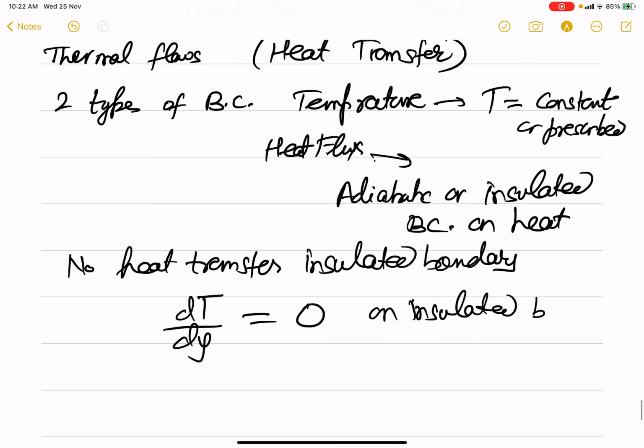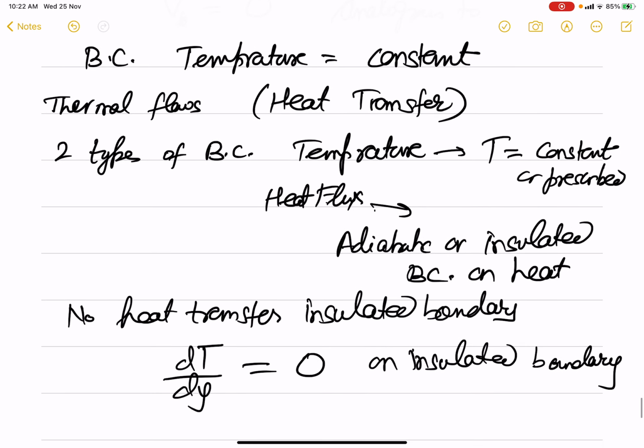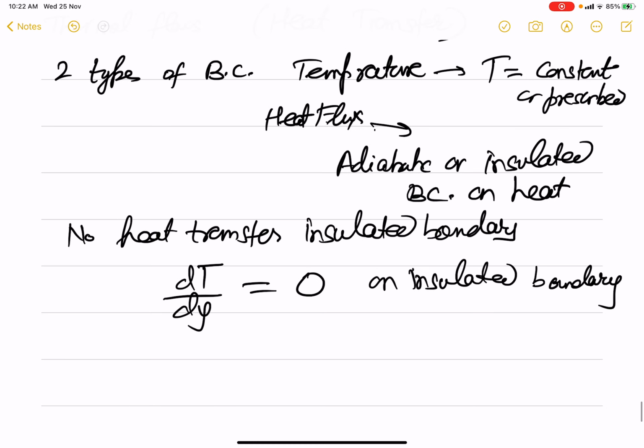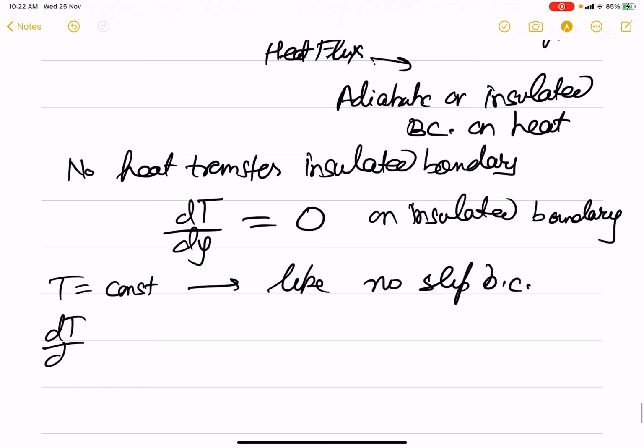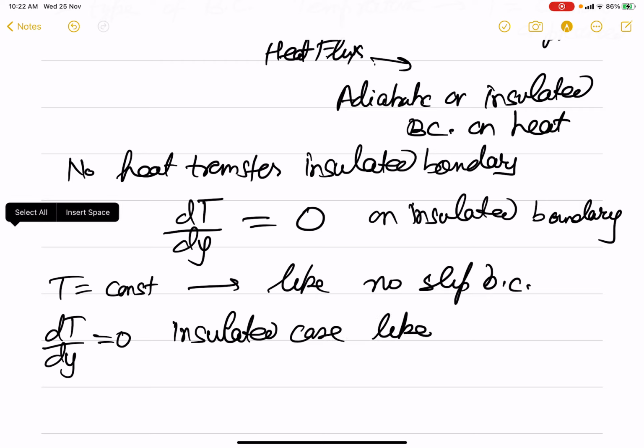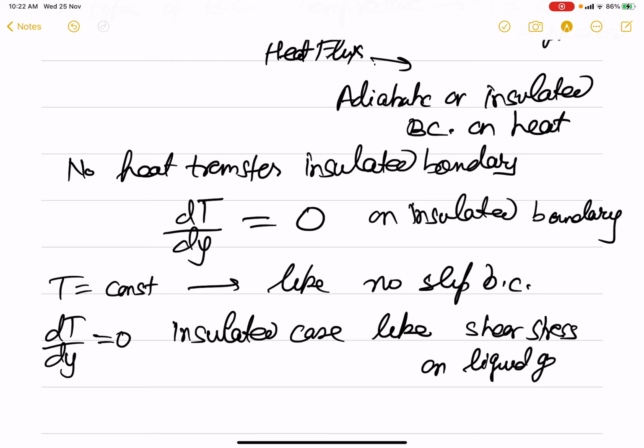So the two cases which we have done are reminders of this. T is equal to constant is like the no-slip boundary condition, and dT by dy is equal to 0, which is the insulated case, is like the shear stress condition on a liquid-gas boundary.